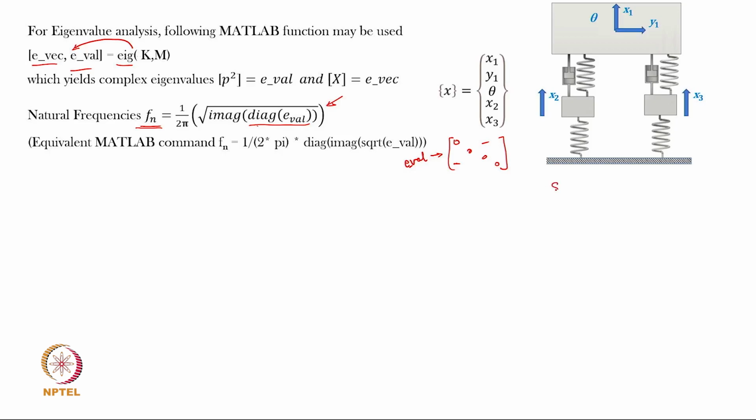You remember that the roots S1 and S2 that you got for a single degree of freedom system were basically plus minus j omega n. So, if we want to know the natural frequency, it is the imaginary part of the eigenvalue. And so, if you get that from this particular diagonal of the matrix, you will have to take a square root of it to get the appropriate value, right. So, when you do that, you can get all the natural frequencies of the system.